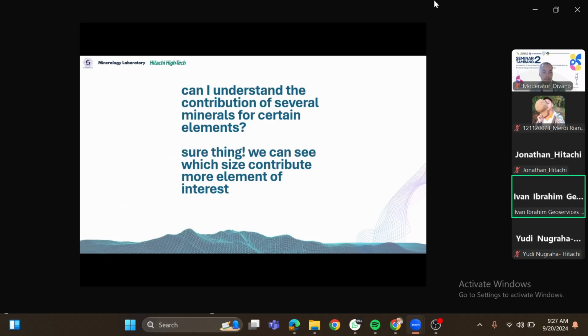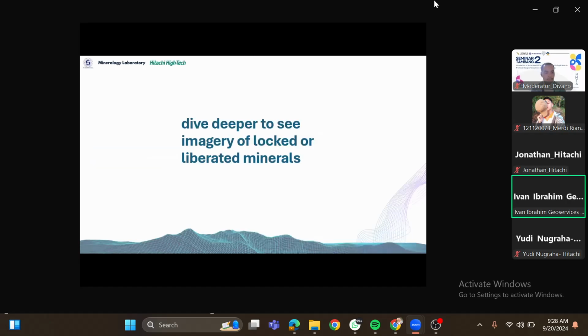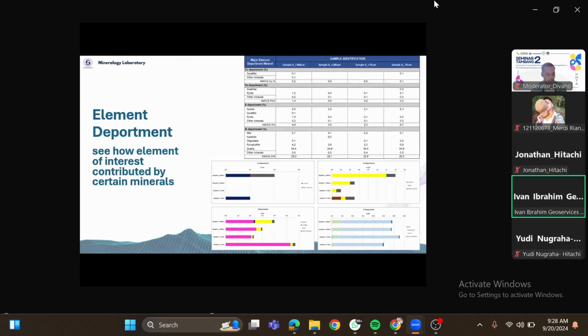Lalu kontribusinya dari masing-masing mineral itu terhadap elemen bagaimana. Mungkin sebelumnya di presentasinya Jonathan sempat menyinggung terkait deportment. Nah, ini bahasa lainnya adalah elemen deportment. So, next. Nah, ini kita lihat di sampel pertama kita punya konsentrasi 0,2 copper. Nah, siapa nih penyumbang coppernya sendiri? Ternyata 0,1-nya atau setengahnya itu dari covellite saja.